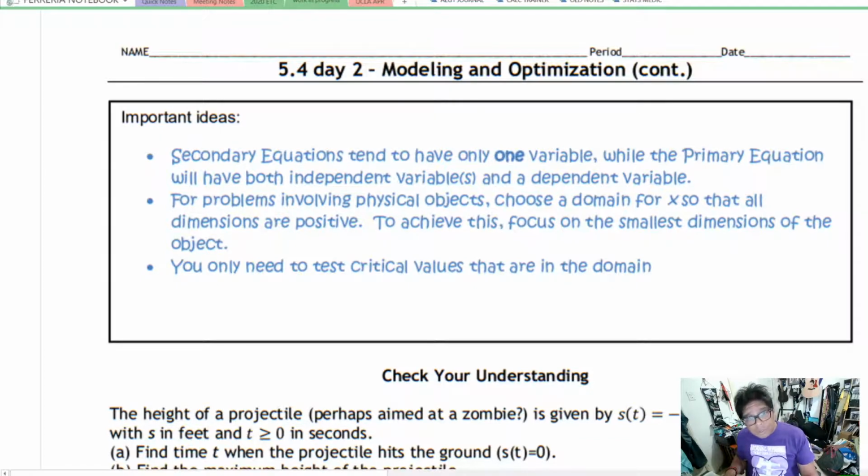You're going to use your secondary equation to reduce your primary equation to an equation of only one variable through substitution. For problems involving physical objects, you're going to choose the domain for x so that all dimensions are positive. To achieve this, focus on the smallest dimension of the object.